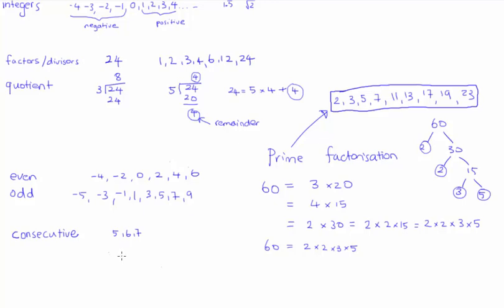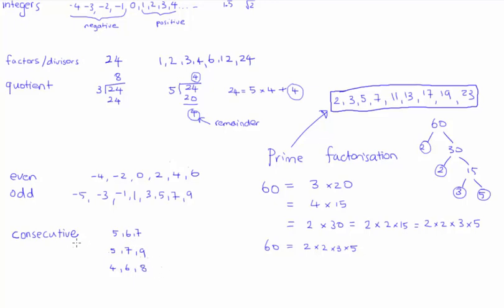If a question asks for 3 consecutive odd integers, then it can go like this: 5, 7, and 9. So these are 3 consecutive odd integers, and consecutive even integers can be like 4, 6, and 8.